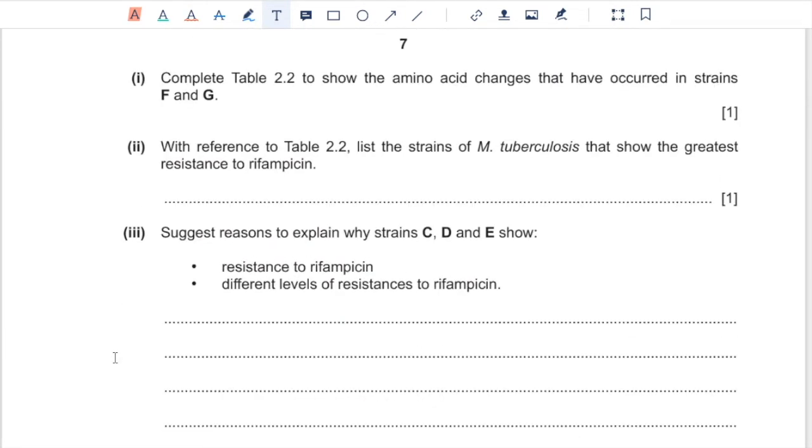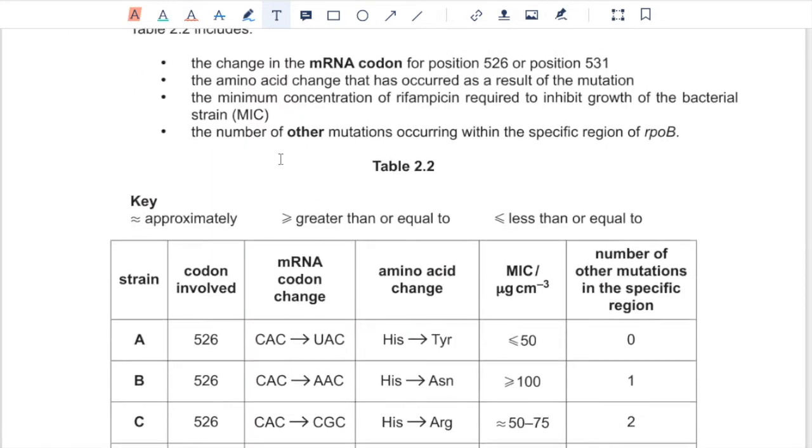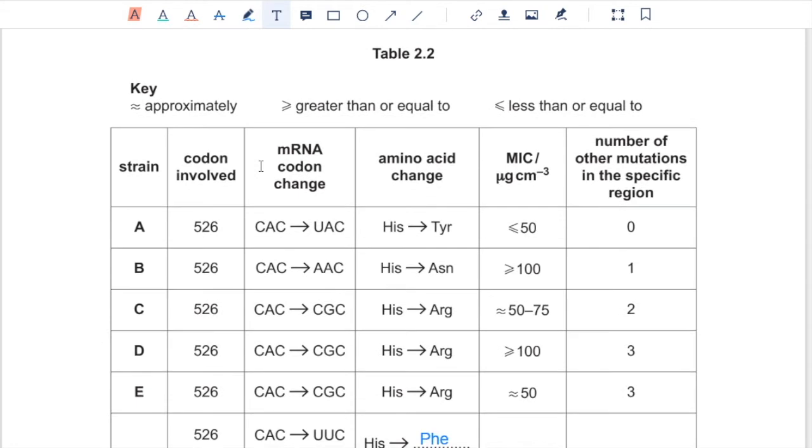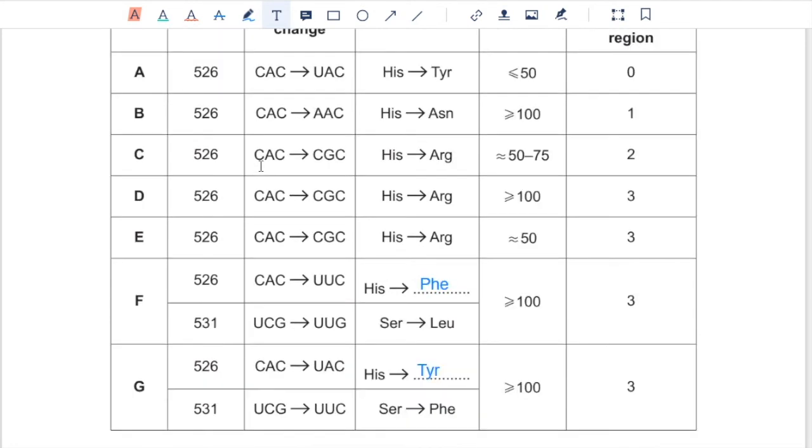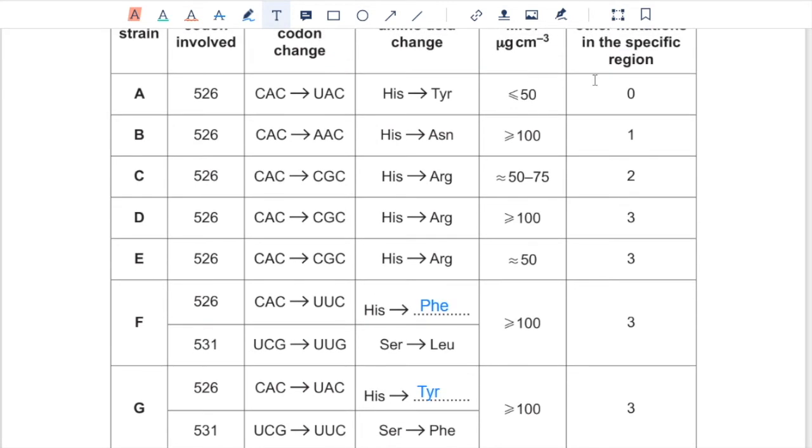2. With reference to table 2.2, list the strains of Mycobacterium tuberculosis that show the greatest resistance to rifampicin, or in other words, the strains which require the greatest amount of antibiotic to inhibit growth of the bacterial strain. Okay, now observing the table, you'd see that A requires less than 50 micrograms per centimeter cube, which is less.